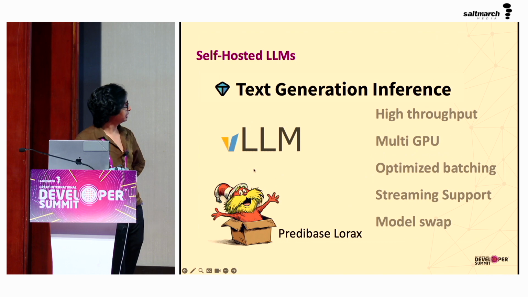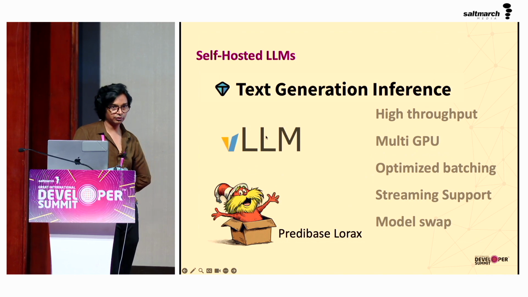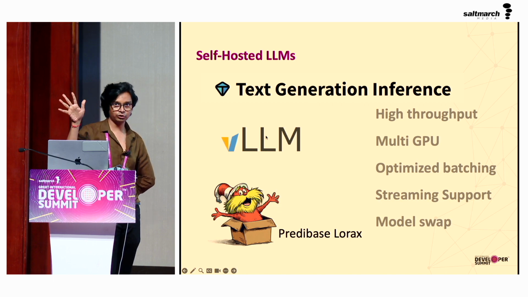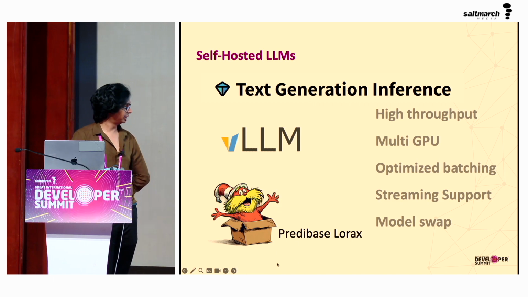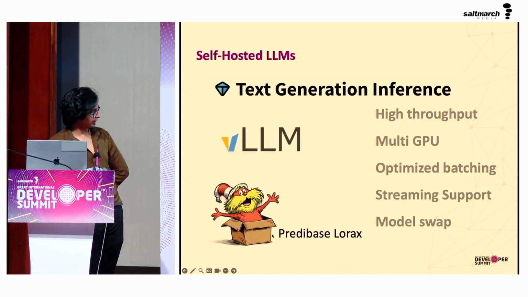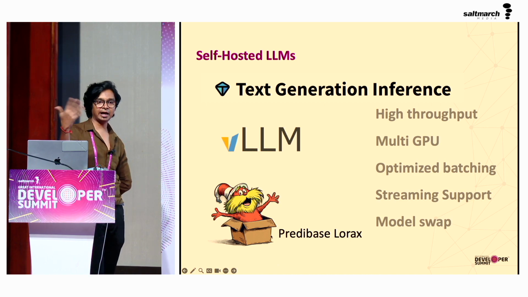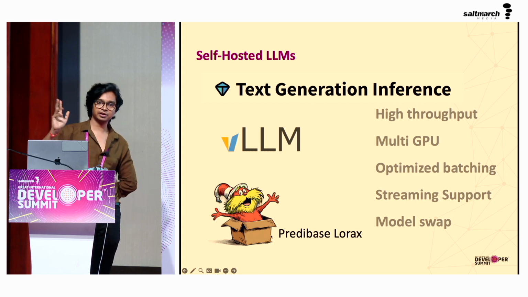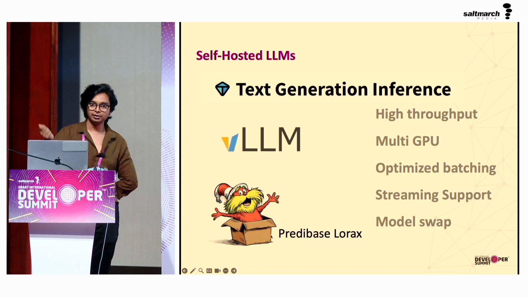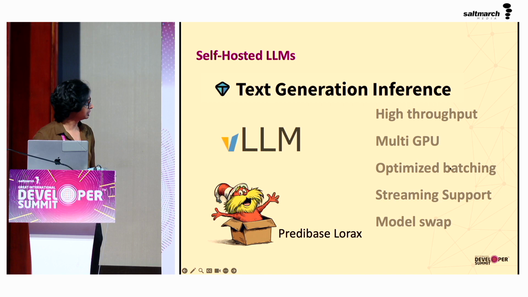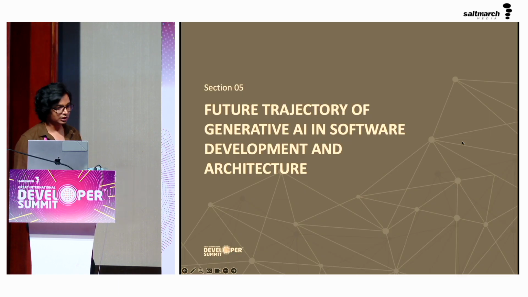The one that I personally like is something called vLLM, which gives you a low latency, high throughput mechanism. Then there is something called LoRAX, which allows you to swap adapters. You can have hundreds of adapters and swap those adapters on the fly, so you can use it for different purposes. These frameworks provide you streaming support, multi-GPUs, high throughput, all of that.